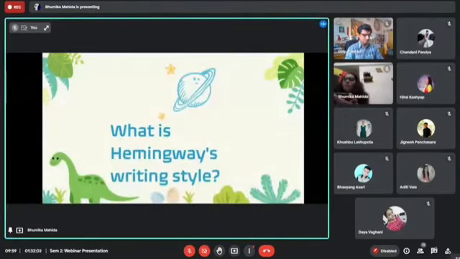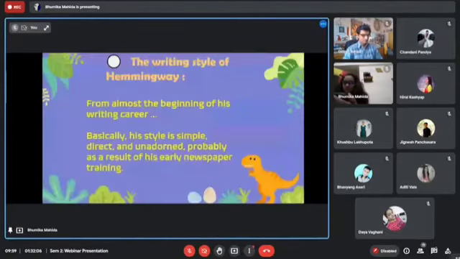Then, if we talk about the writing style of Hemingway, it is very simple, direct, and unadorned, probably as a result of his early newspaper training.